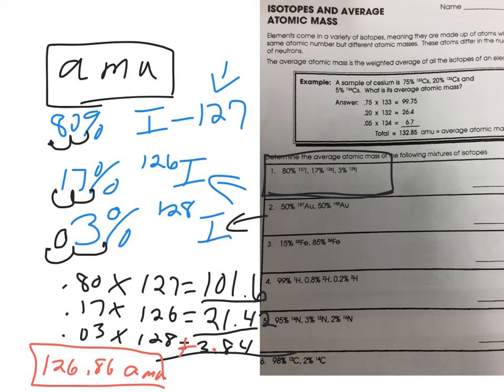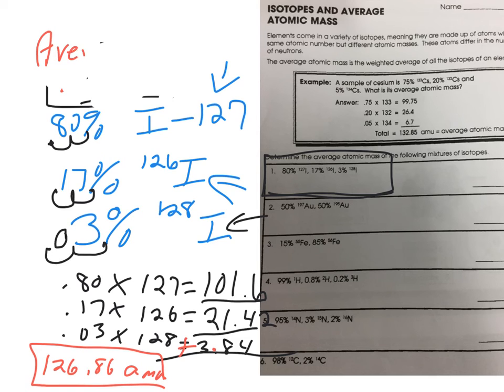Now, what does AMU stand for? Let me go ahead and erase this up here, if I can. And AMU, that is always a question that's asked on the benchmark as well as the test.